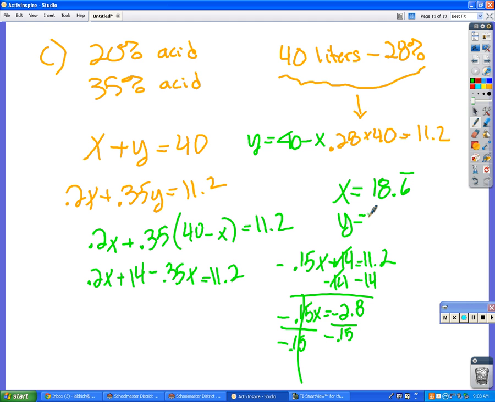And then how do you use that to figure out what the amount of the other one is? Plug it in. Okay, we'll recap in a second. They have to add up to 40 together, right? So that means I'm going to need another 21.3 repeating of that to get a total of 40. All right?